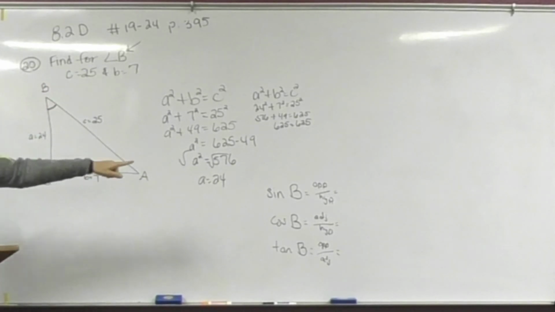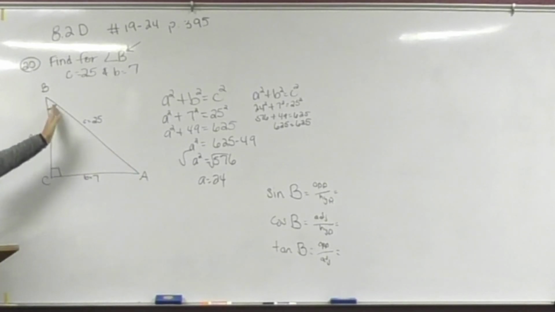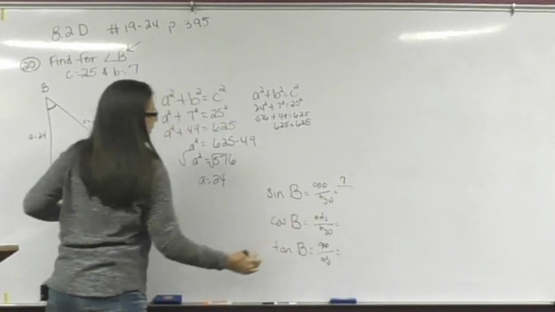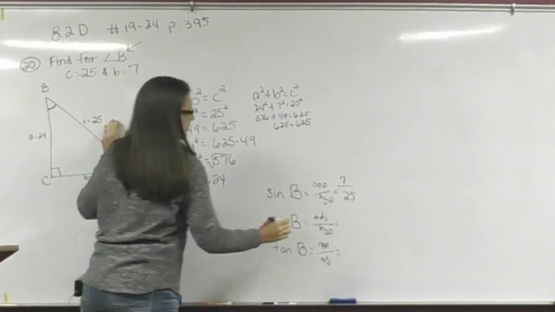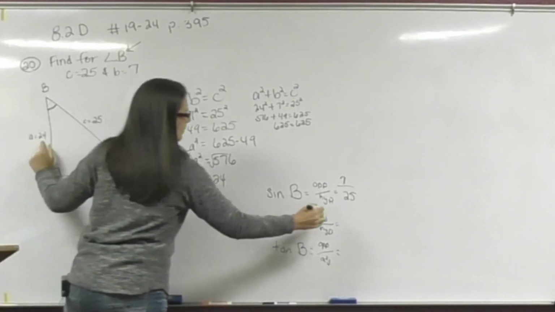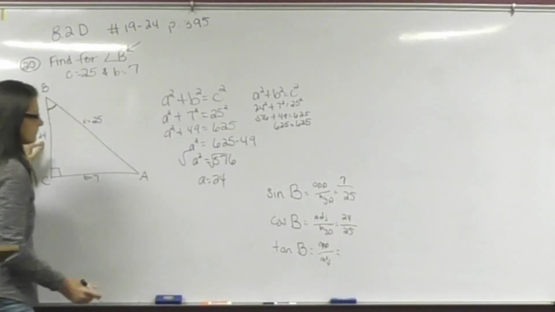So the sine of B is opposite, so I come opposite of B, that's 7. Hypotenuse is 25. The cosine of B is adjacent, so that's the side next to it, but not the hypotenuse. Next to it, which is 24. Hypotenuse is still 25.